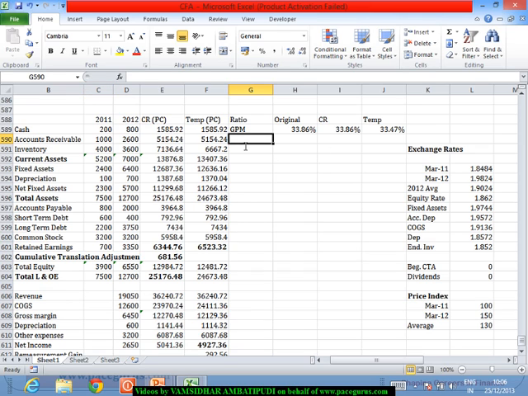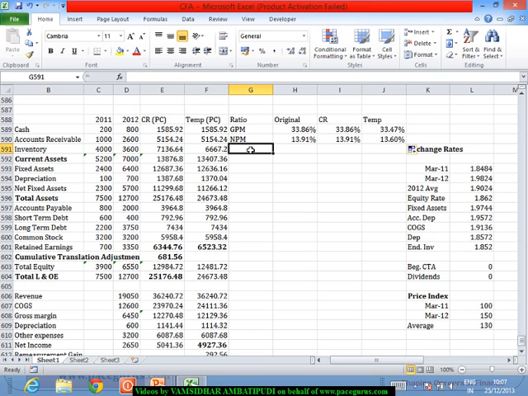Similarly, when I am talking about net income margin, net profit margin, at least if I take this divided by revenues, the same across, even here also we are seeing there is no difference between the original and the current rate method, but the temporal method keeps changing.